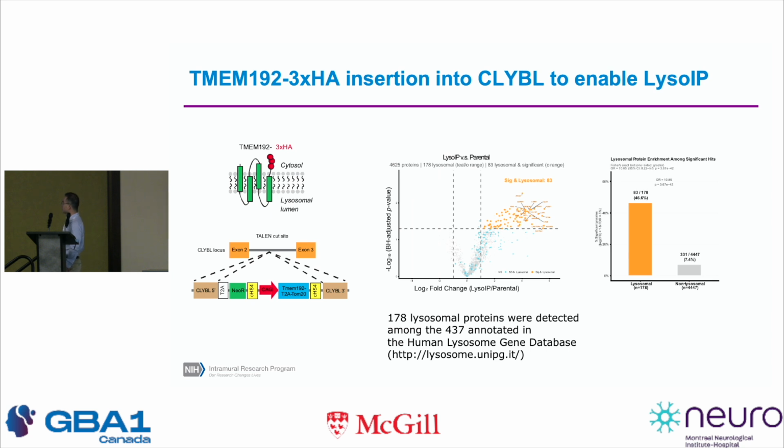That gave rise to an enrichment rate over 46% for lysosomal proteins as compared to 7% for non-lysosomal proteins. Therefore, our implementation of the lyso-IP workflow in HT809 is successful.